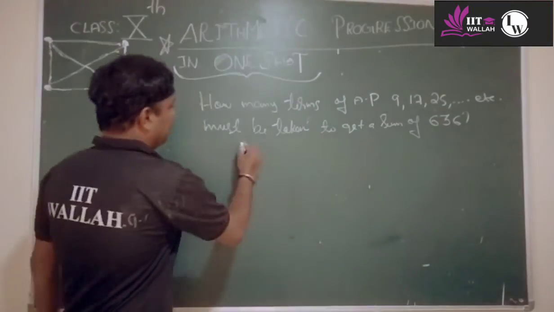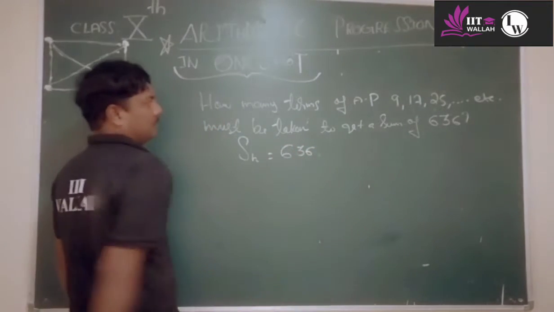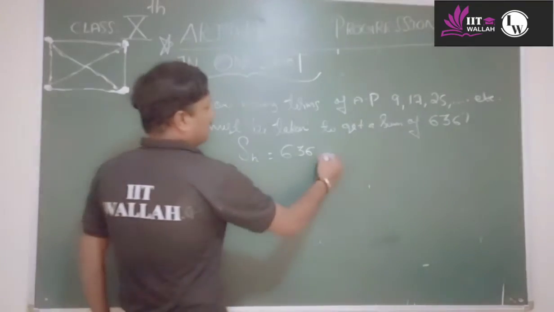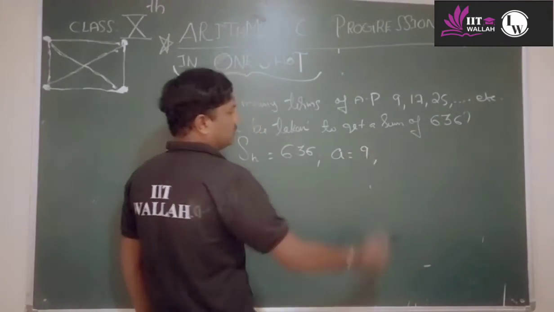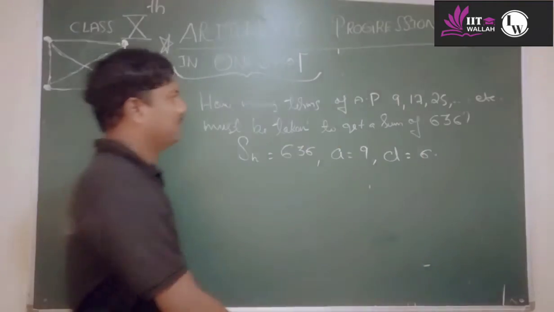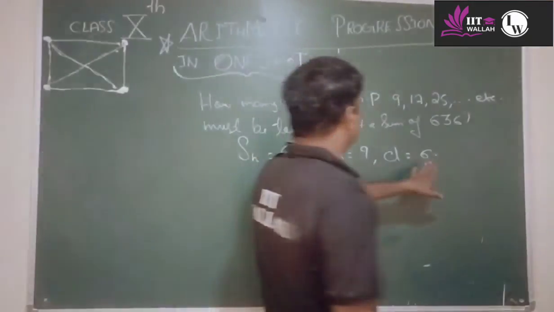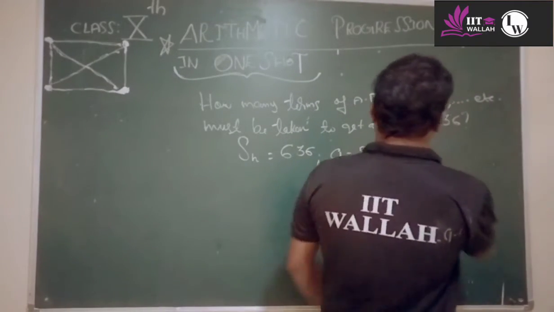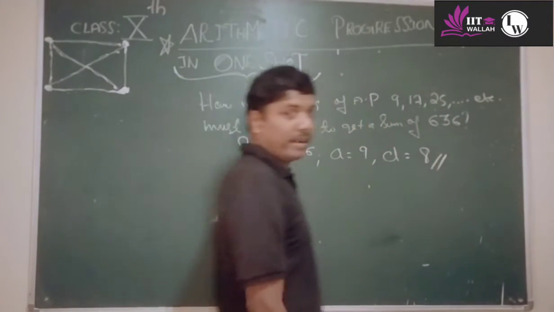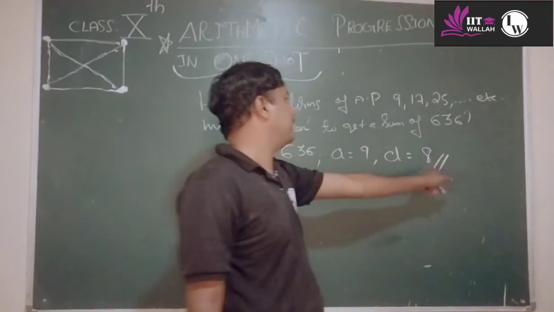That means the sum is given as 636. And we know that a is equal to 9 and d is equal to, 17 minus 9, 8. Sorry, d is equal to 8. 17 minus 9 is 8, 25 minus 17 is 8.